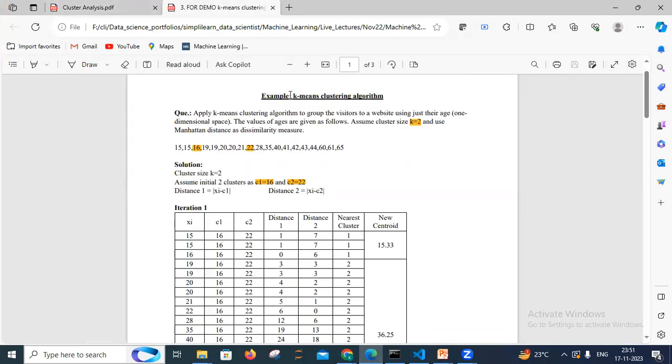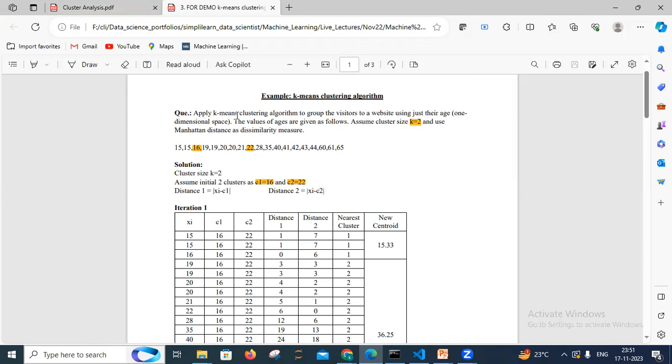Right, you can take this example so you can understand. These are bare minimal data points, hard coded data. So how does k-means clustering work?